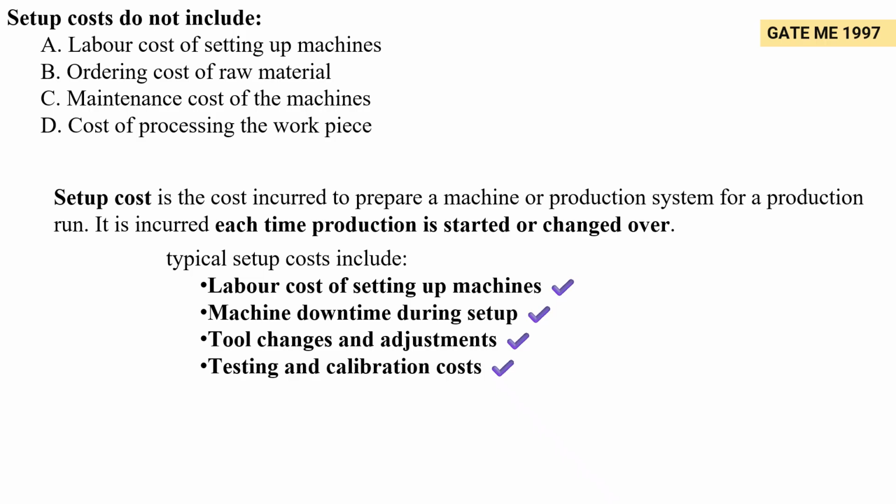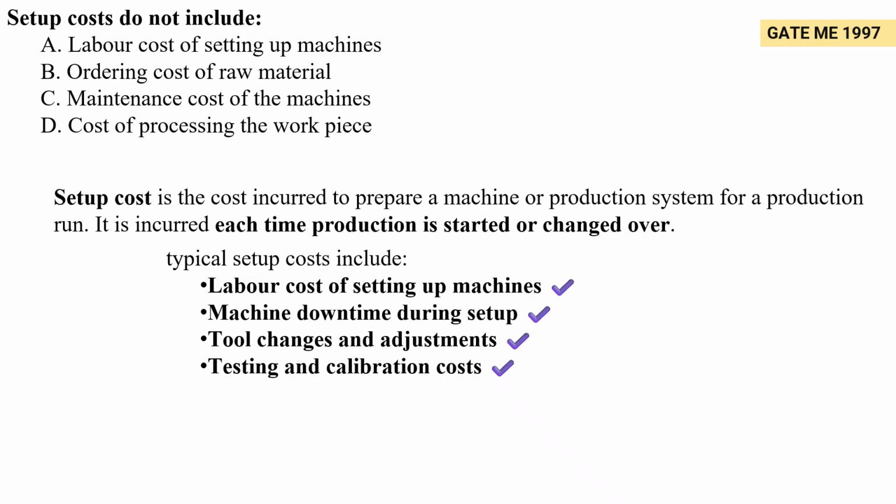So we know that setup cost is the cost incurred to prepare a machine or production system for a production run. So it is incurred each time production is started or changed over. Setup costs include the labor cost of setting up machines, machine downtime during the setup, tool changes and adjustments, and the testing and calibration cost.